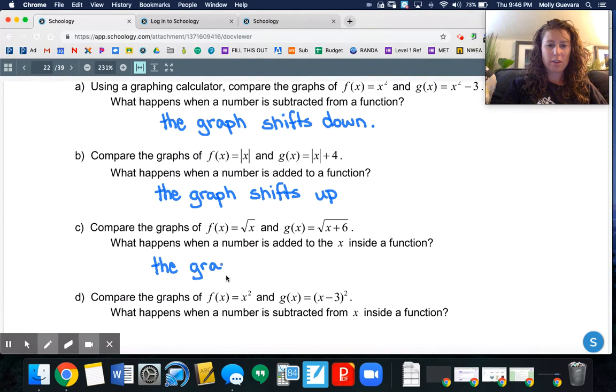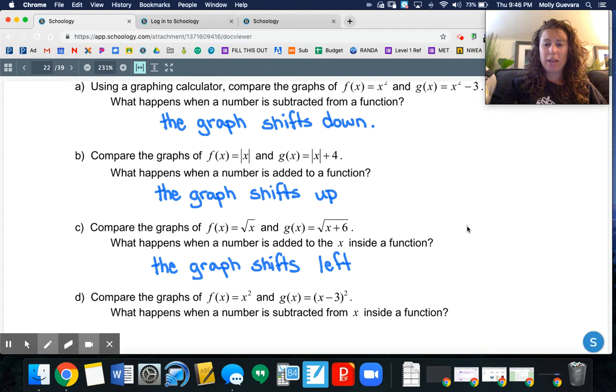So here the graph shifts. The question is, does it shift left or does it shift right? Well, here's a super easy way to remember, it's just always the opposite sign, right? So positive 6 seems like it would go to the right, but it's actually to the left.